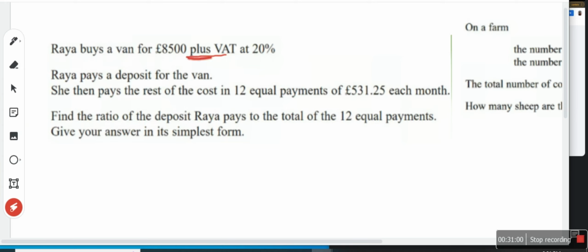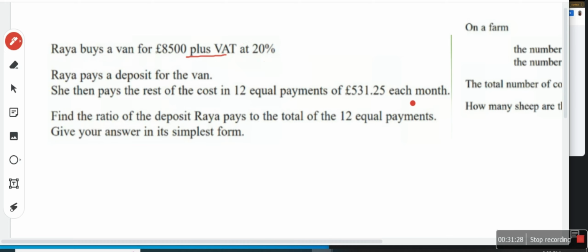All right. It's still about percentages. All right, first of all, the cost is 8,500 pounds plus a VAT of 20%.